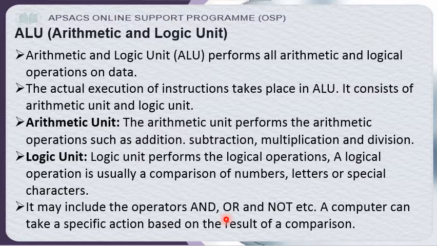The reverse of an operation is known as NOT. So the computer can take a specific action based on the result of a comparison. While we compare numbers, a specific action can be performed by the CPU.